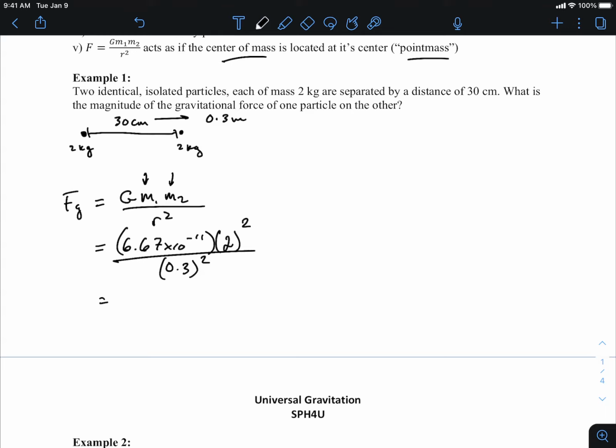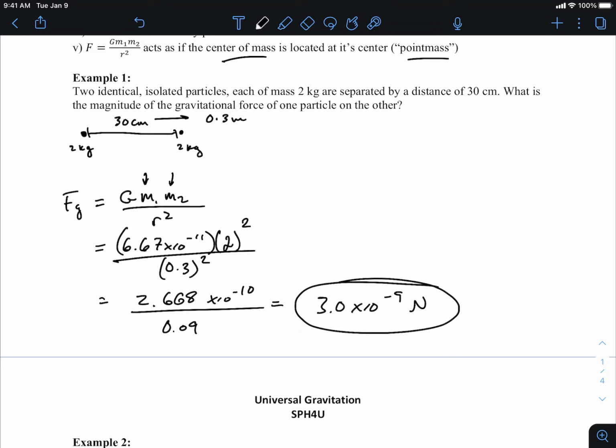If we were to run through the calculation, I'll write down the solution, so 2.668 times 10 to the negative 10 divided by 0.09, just for you guys to check if you're typing things into the calculator correctly. We should see a resultant force of 3.0 times 10 to the negative 9 newtons.